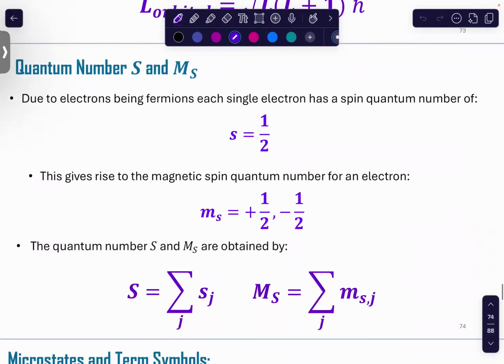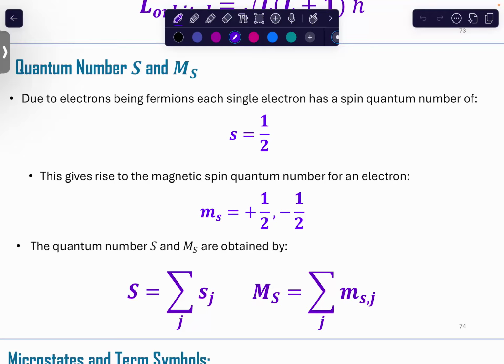Okay, so a few more quantum numbers. You know that the spin of an electron, it's a fermion, so it has a spin of 1/2. So your m sub s can be plus 1/2, minus 1/2. We usually denote that as spin up, spin down. Your total spin is going to be the sum of all your individual spins. Your m sub s will be the sum of all of your individual m sub s's.